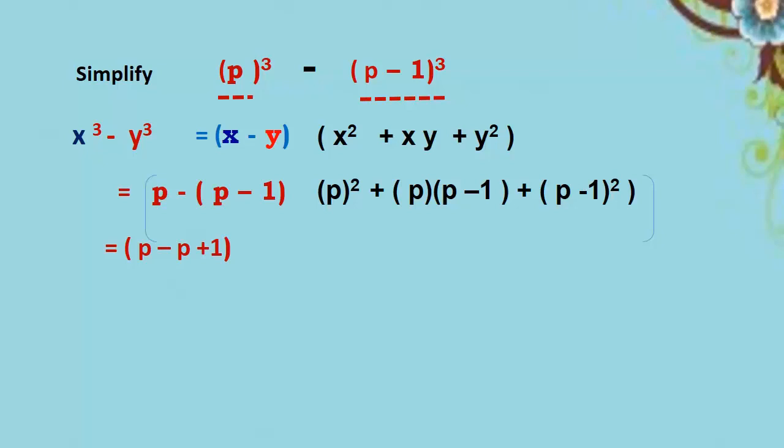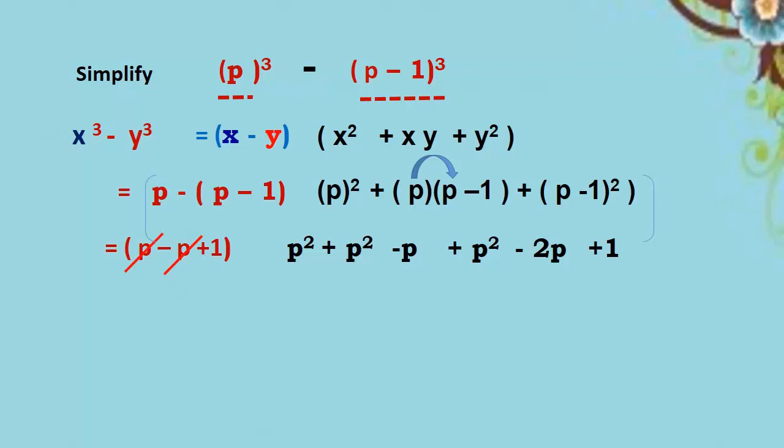Now p square will be as it is. Again p into p square minus p. Right. Now this is again (p minus 1) the whole square, which we have done, that is (a minus b) the whole square. So it is very easy. Now here in the first bracket p minus p get cancelled. So this will be 1. Please write 1.